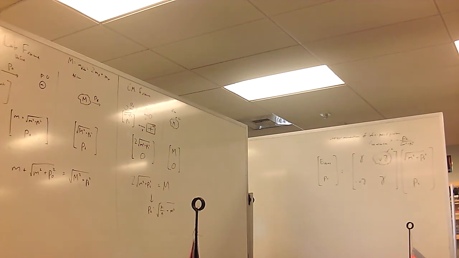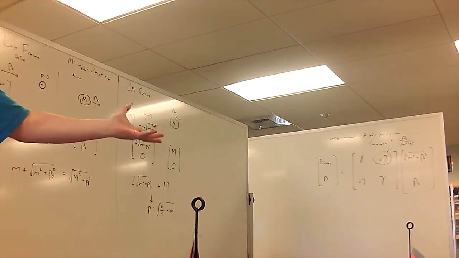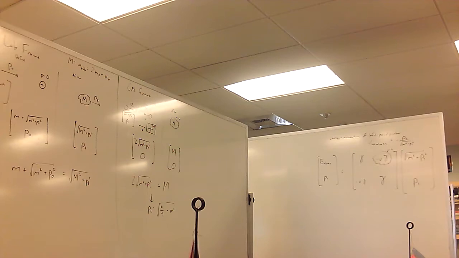The velocity of the lab frame relative to the center of mass frame: which way is the lab frame going relative to the center of mass frame, left or right? Left. So this velocity is going to be negative, and it's going to be P2 over E2. So these are all things I've found. It kind of looks like an annoying little bit of algebra, but these are all things I've already found and put numbers to. All right, so I get that velocity.